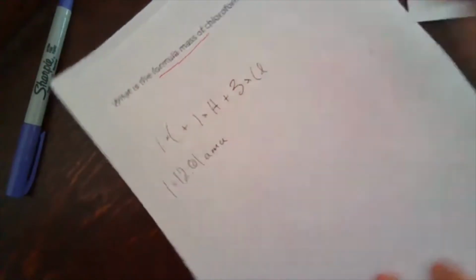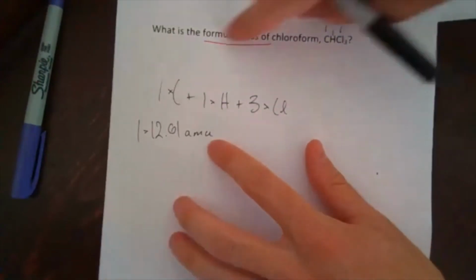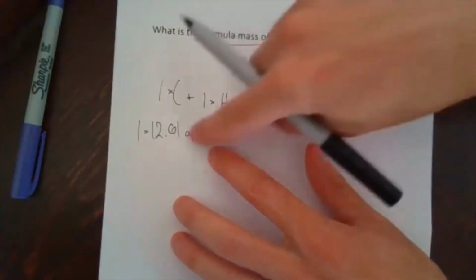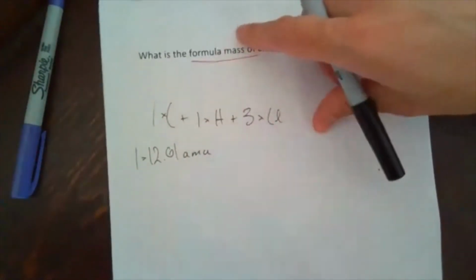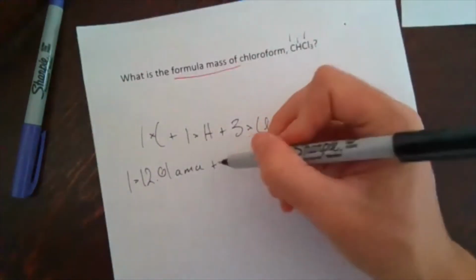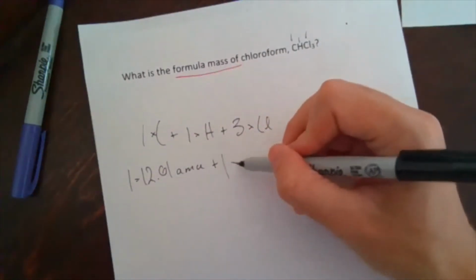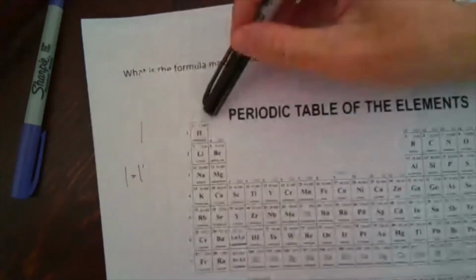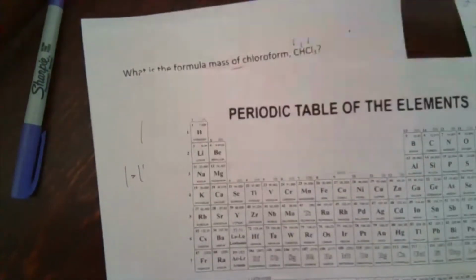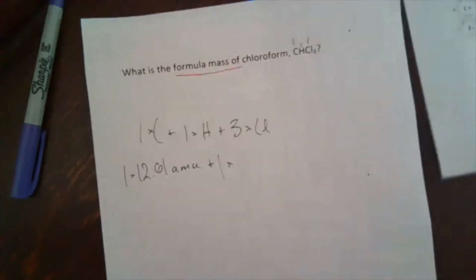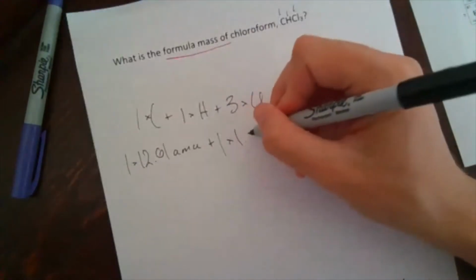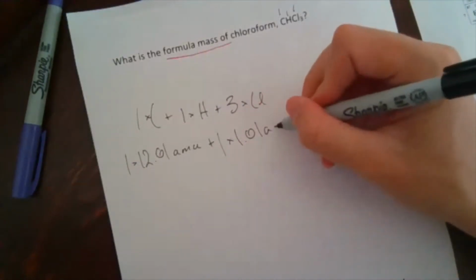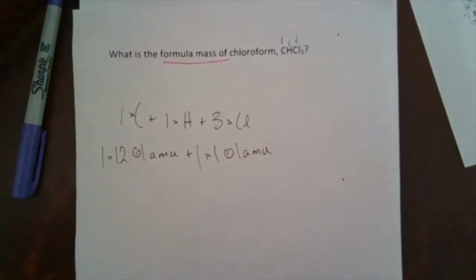The units aren't given on the periodic table, but whenever I'm putting formula mass, those units are AMU, the atomic mass units. I have 1 hydrogen. I find hydrogen on the periodic table, 1.008. I'm going to round that to 1.01 AMU.